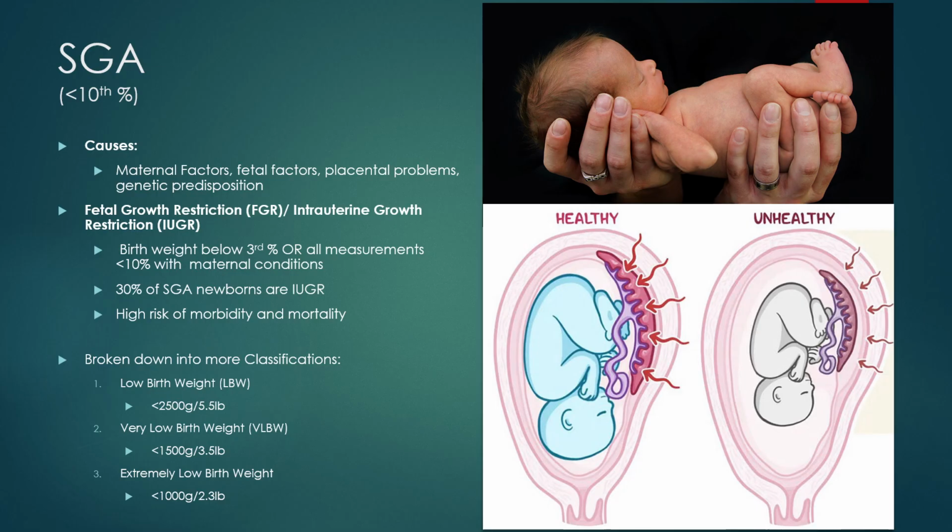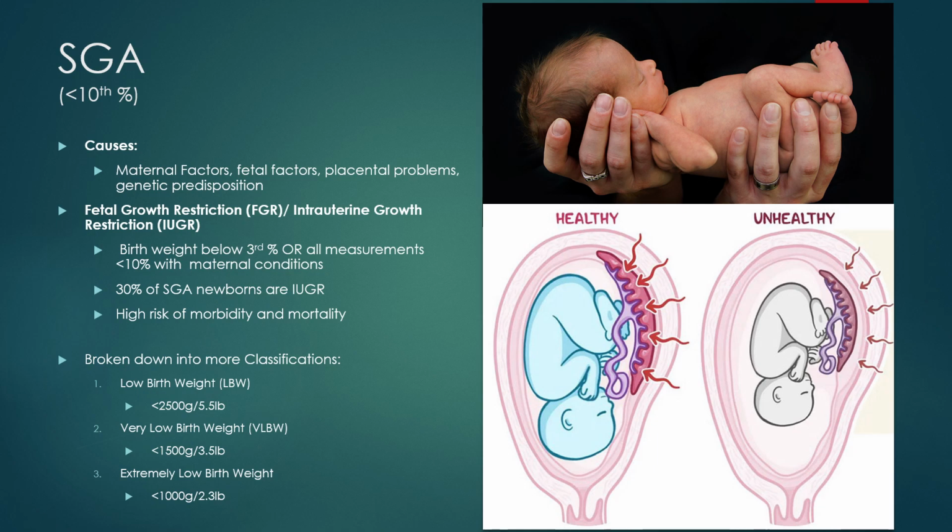There could be an abnormal cord insertion, so it's not flowing as freely as expected. There can even be an infarct on the placenta where it adheres to the wall, and it's not going to flow during that portion. With that being said, so many things can affect the baby's growth.